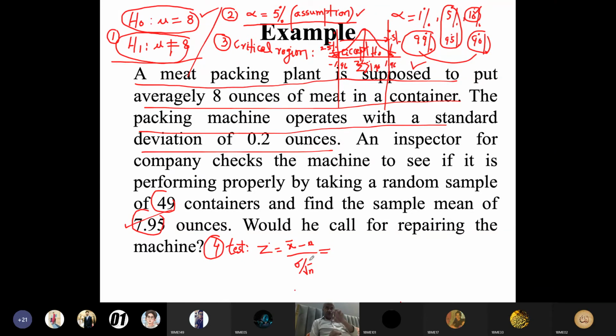This is very important, try to understand these steps. Although you did that, where you apply z and where you apply t: in the second case, if sigma is not given and n is greater than 30, then you will replace the sigma value with the s value, the sample standard deviation replacing the population standard deviation.